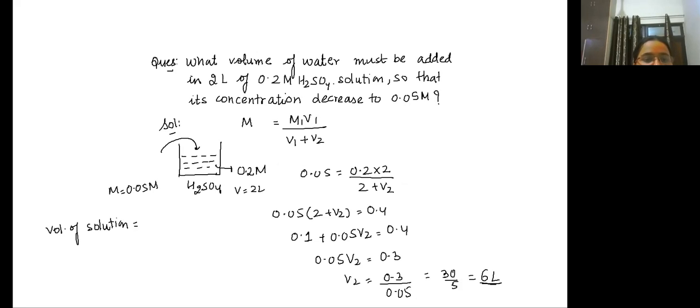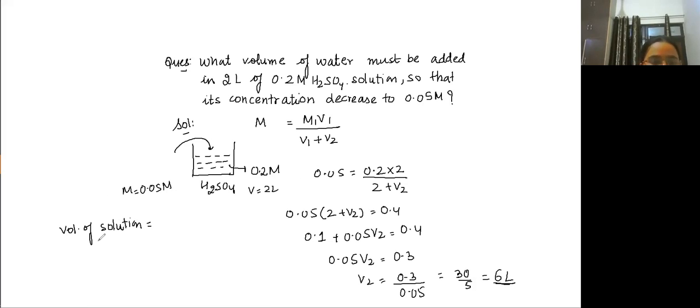Correct. Volume of solution will be equal to 6 plus 2, 8 liter. So the dilution case is easy. Moles M1 V1 divided by V1 plus V2.